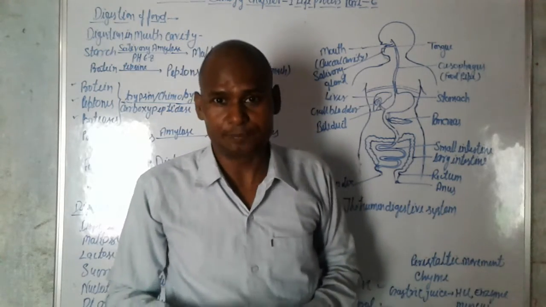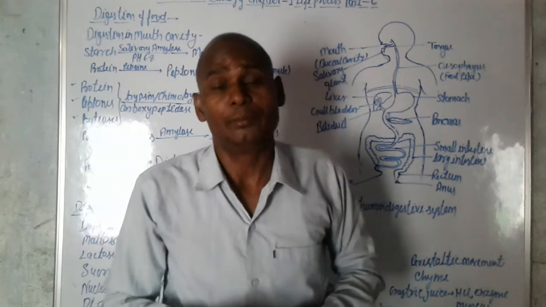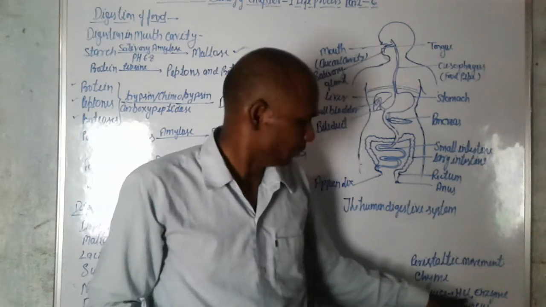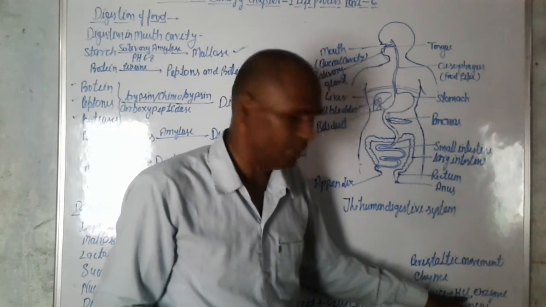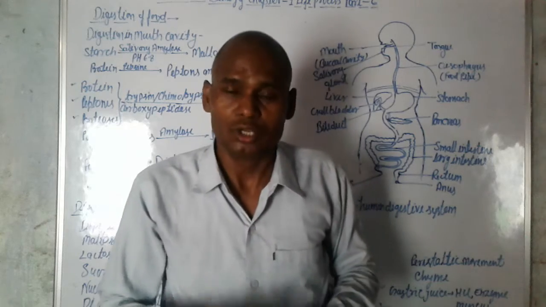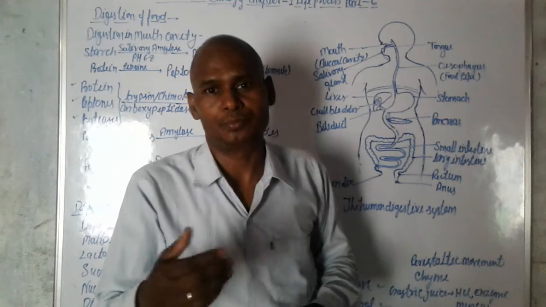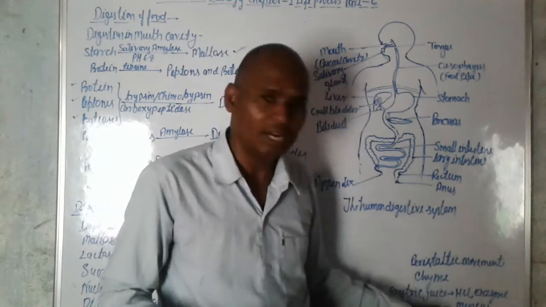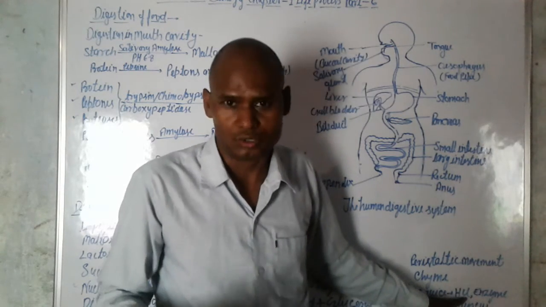Hydrochloric acid destroys insects and harmful bacteria, and it also reacts with bones and damages bone. Because humans are omnivorous, we also take meat, and with meat the bone also goes inside the stomach, so the acid helps destroy bones.